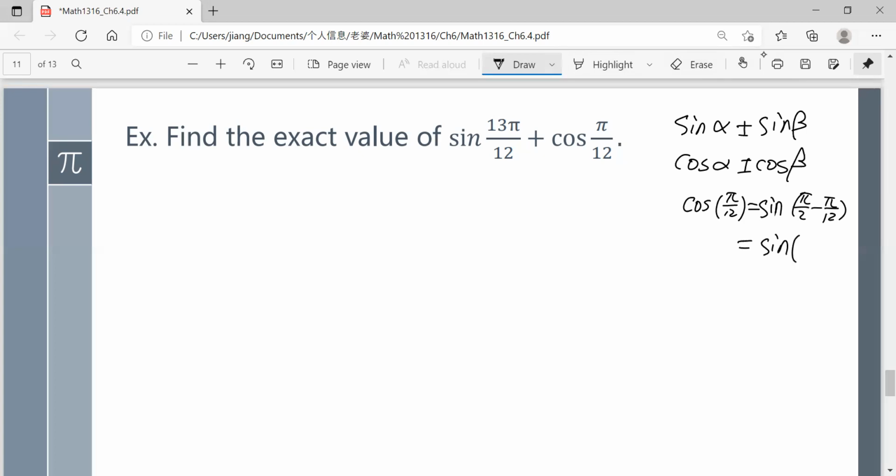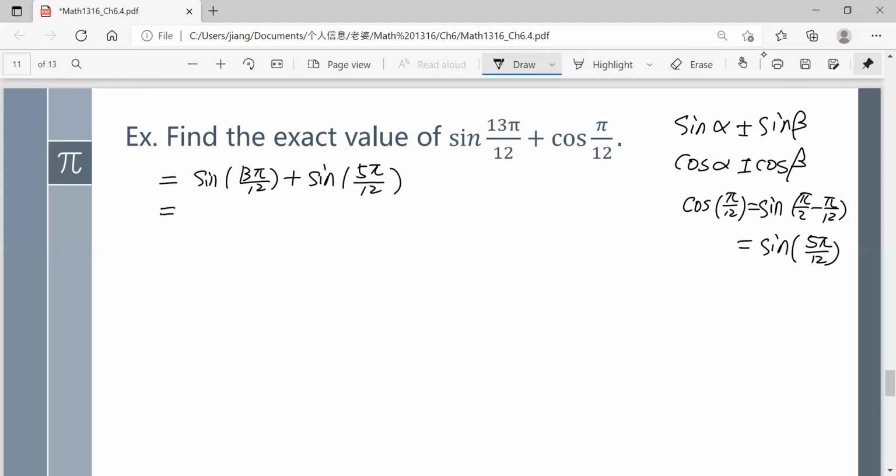That's 6 minus 1, which is 5 pi over 12. So we convert the second term to sine 5 pi over 12, and then this expression equals sine 13 pi over 12 plus sine 5 pi over 12.